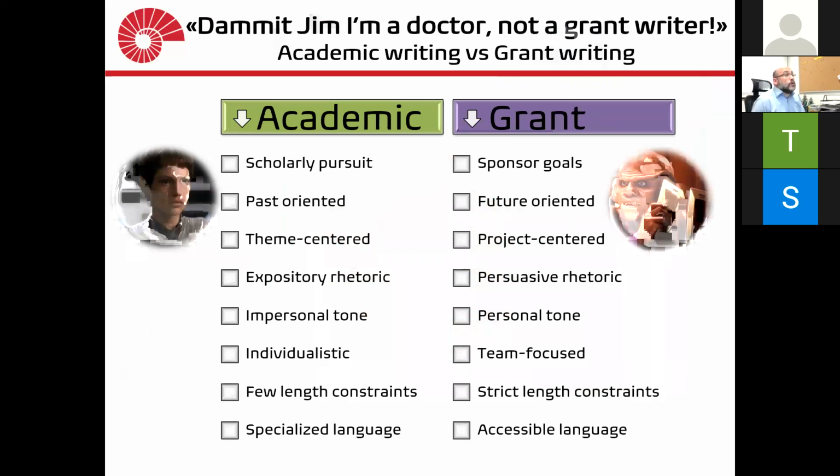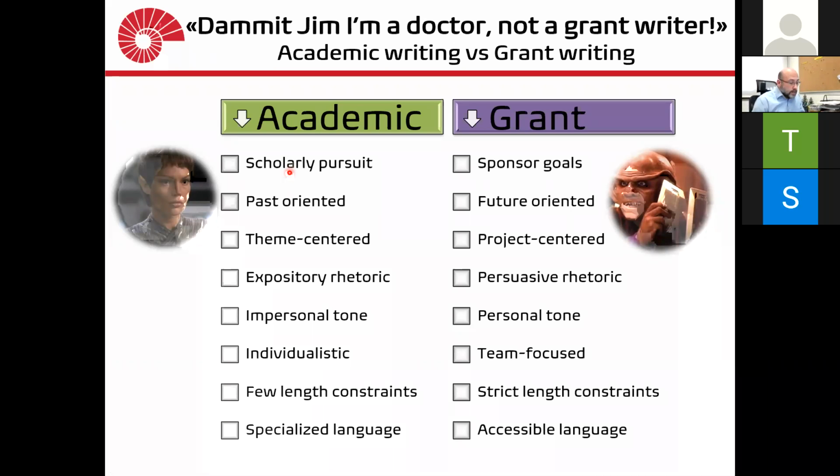Well, to compare academic writing to grant writing, the first point maybe is that academic writing is a scholarly pursuit, whereas grant writing is writing for sponsor goals, because you are applying to an open call which has priorities, which has its own goals.